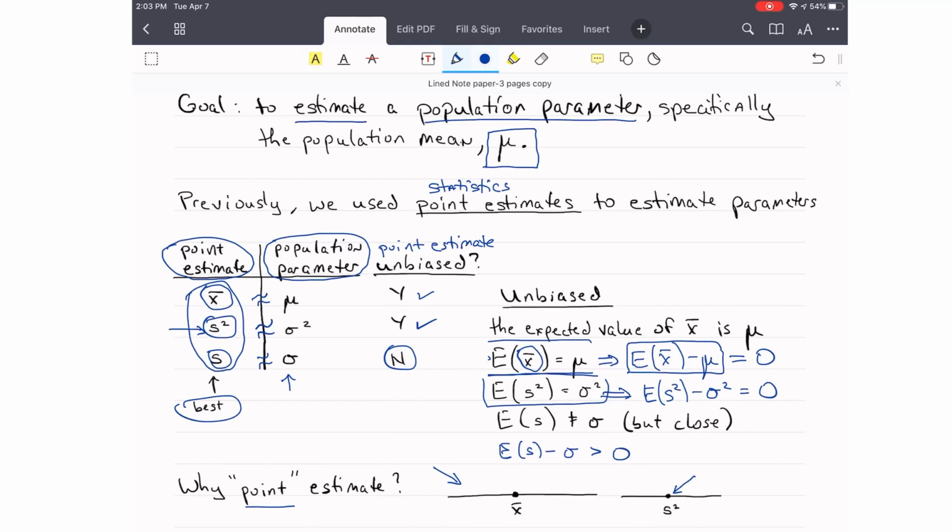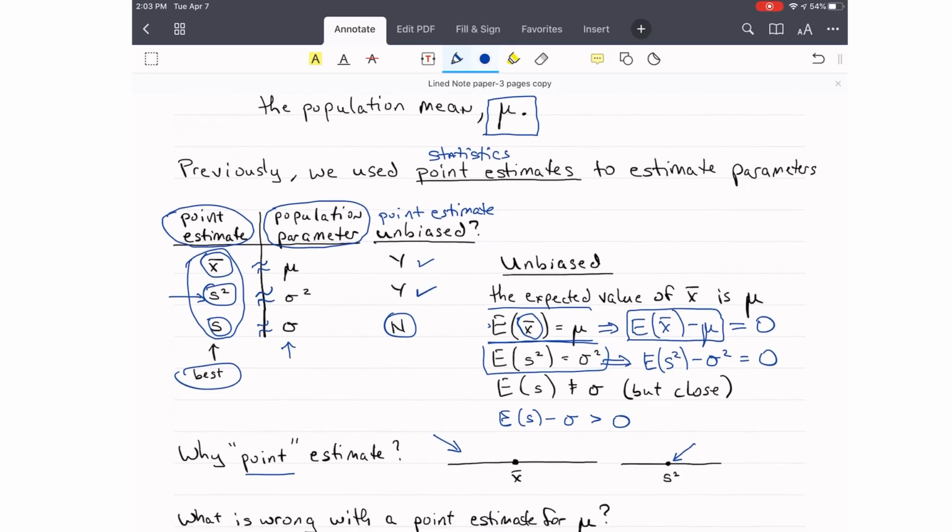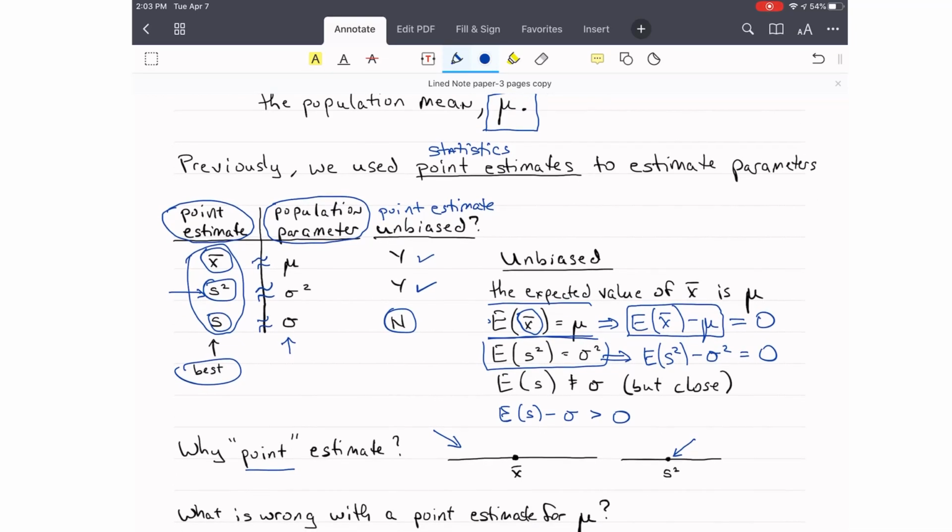Okay, so isn't everything a point estimate? Well, basically everything we've talked about so far is a point estimate. And these point estimates are good. We need them, but they're not good enough. So what's wrong with a point estimate for mu?